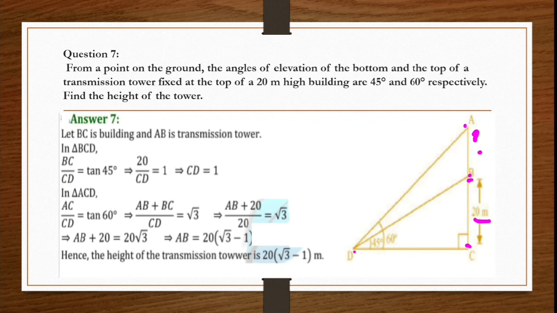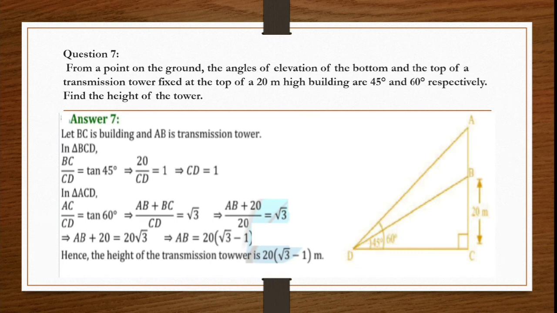Now suppose this D is the eye of the observer. Now the angle of elevation of the bottom of the tower is 45 degree, and the angle of elevation of the top of the tower is equal to 60 degree.